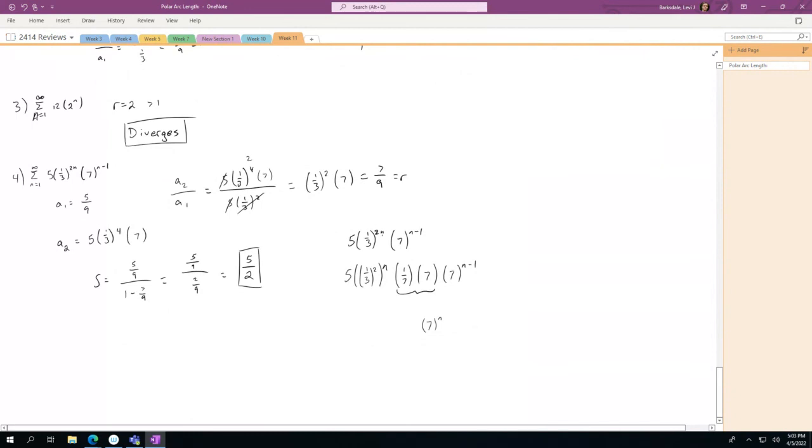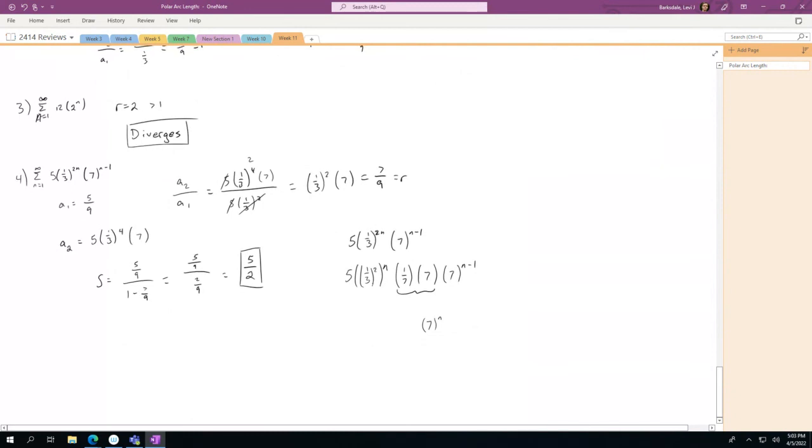Now, I turned my 1/3 to the 2n into a 1/3 squared to the n because I wanted just the exponent of an n. And I can do my 1/3 squared, and that gives me 1/9. And then I'm just going to combine my coefficients, so I have 5 and 1/7, which gives me 5/7. Well, now I can take everything that's to the power of n and put that under one power to the n.